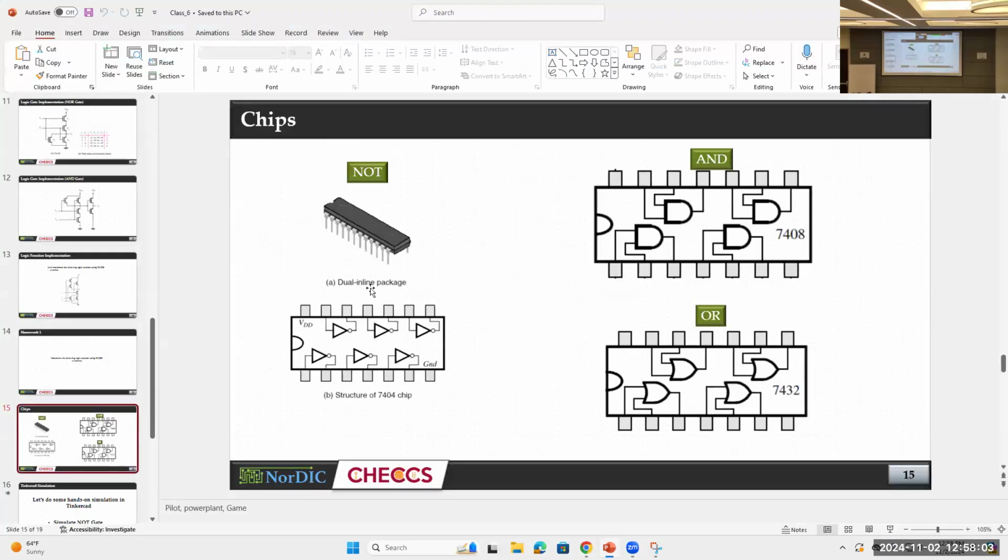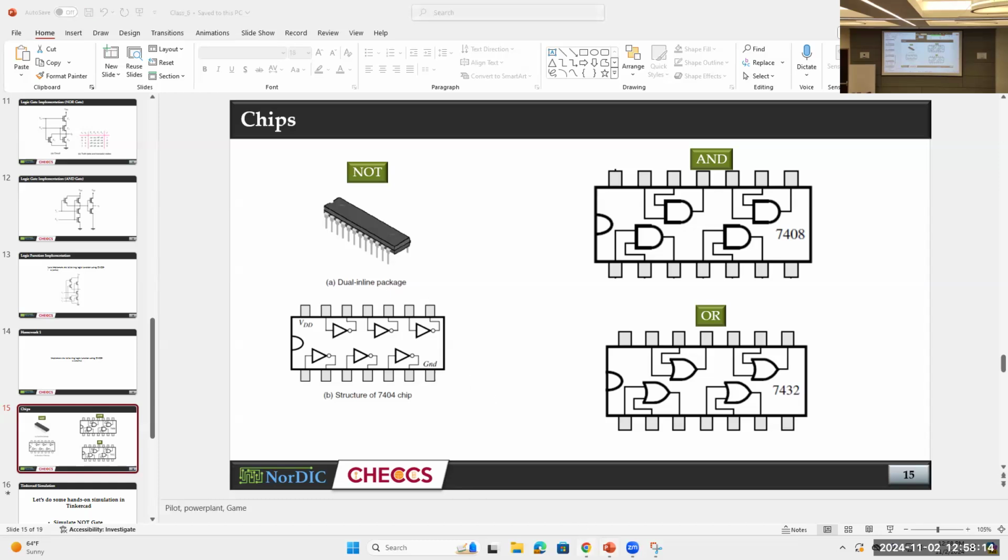This chip has pins on two sides. That's why this kind of chip is called a dual inline package, or DIP.